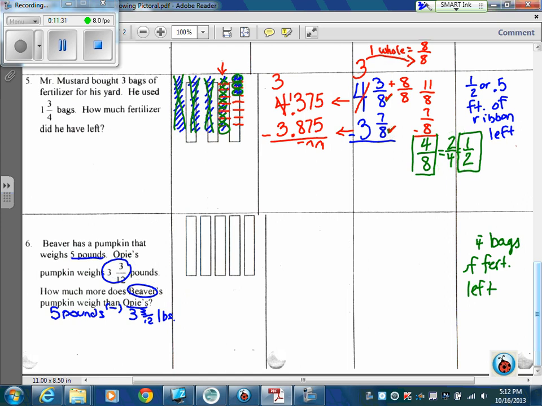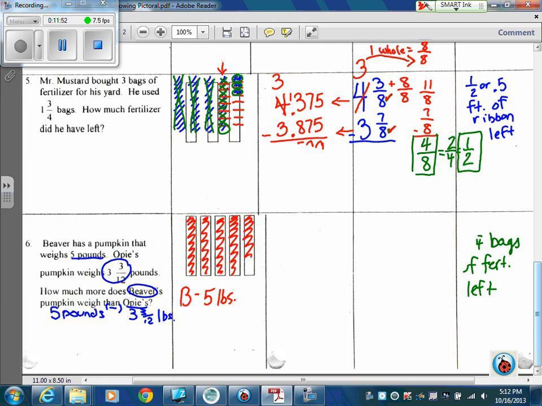Okay, so again, look at my picture. We're first going to show what Beaver has, 5 pounds. So we're going to show what he has. That means 1, 2, 3, 4, 5. All of these are colored in. He has 5 full pounds of weight with that pumpkin.